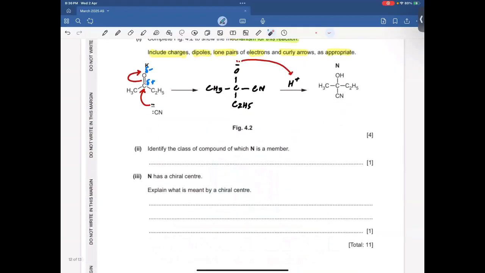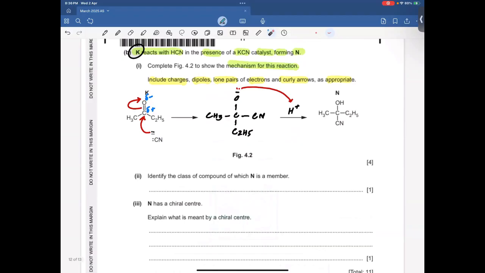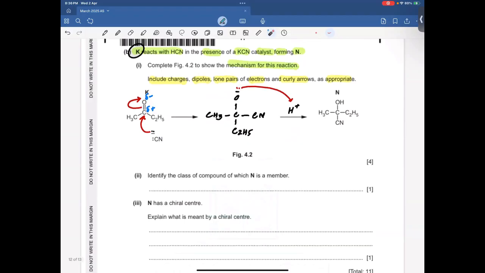Identify the class of compound of which N is a member. Whenever OH and cyanide is attached to the same carbon, then it is called cyanohydrin. Let me write the structure properly.